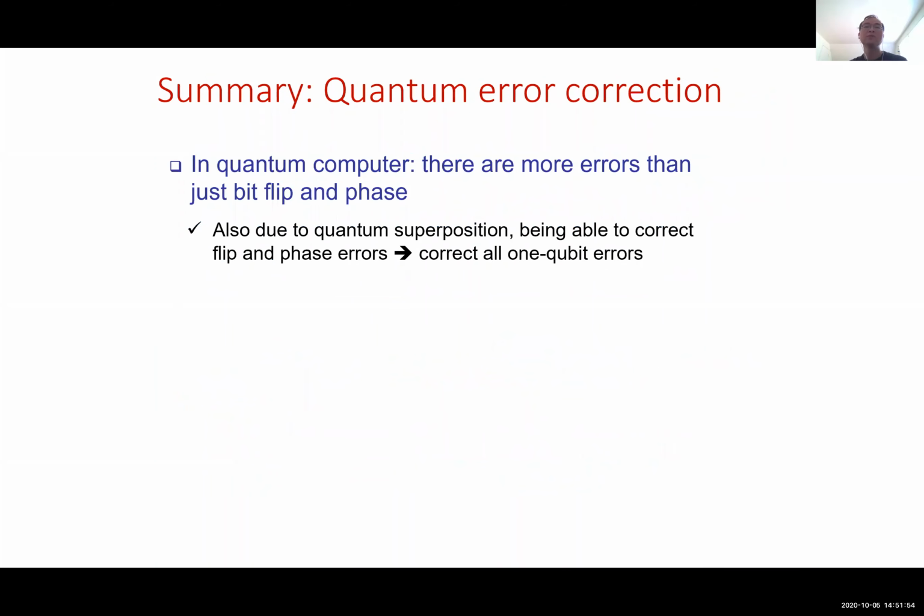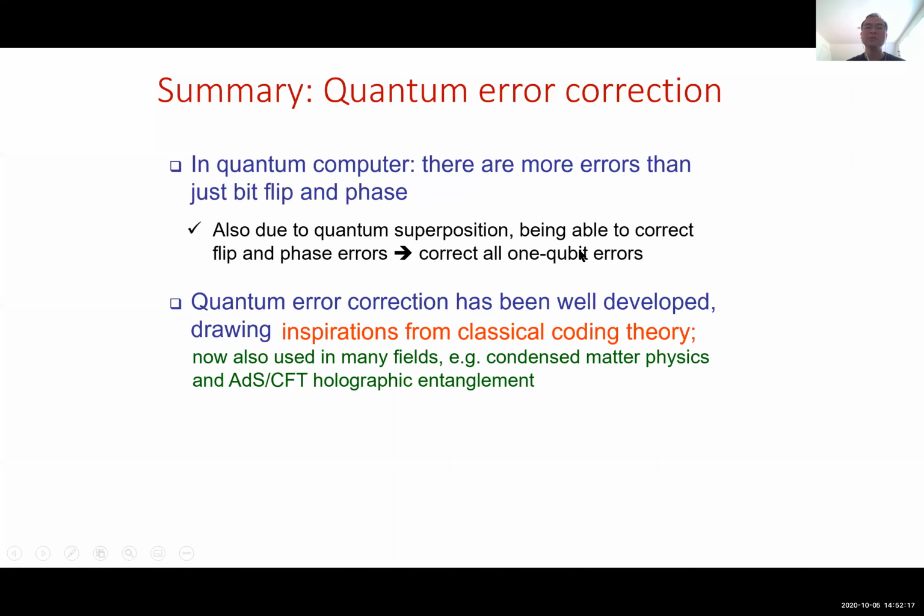Okay. So let me just summarize quantum error correction. It looks like there are more errors than bit flip and phase flip. However, also due to the superposition, from the first viewpoint, if you are able to correct some combination, you can correct all combinations. I want to say that quantum error correction has been well developed.